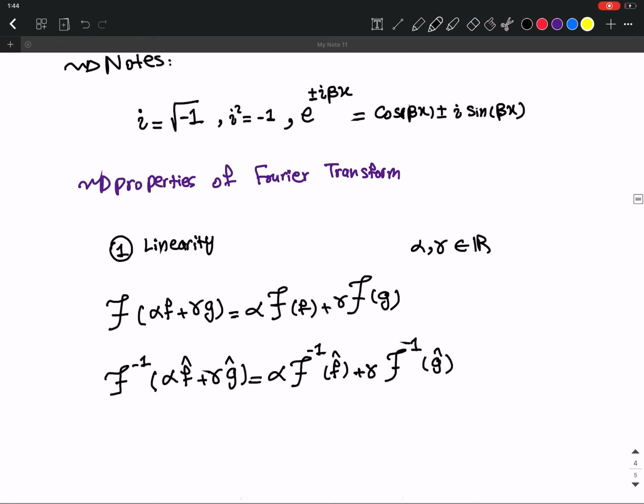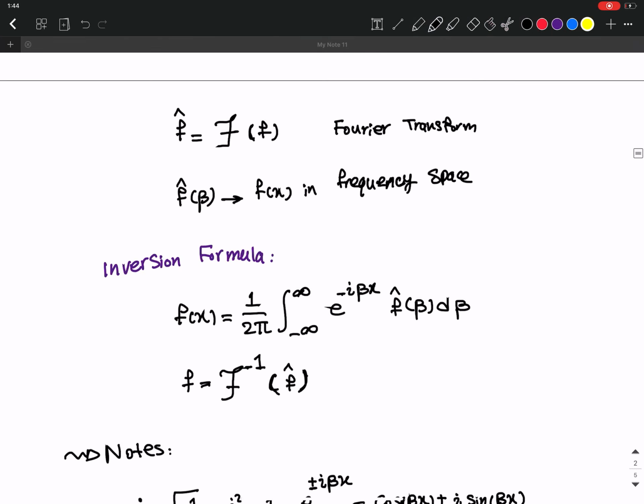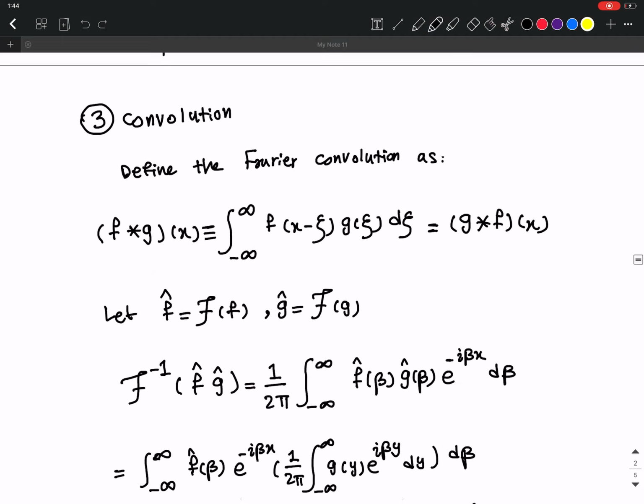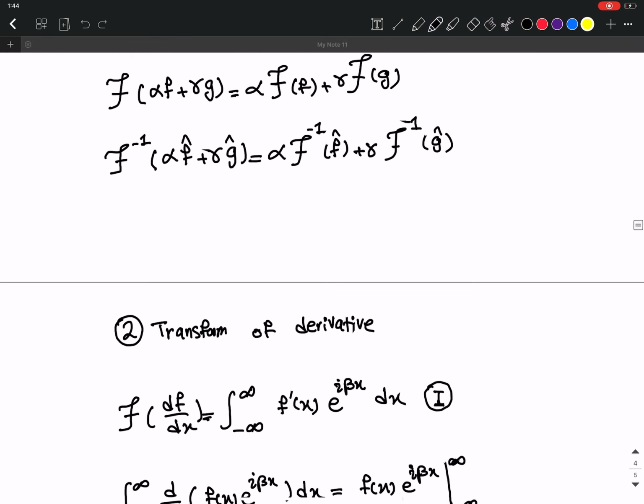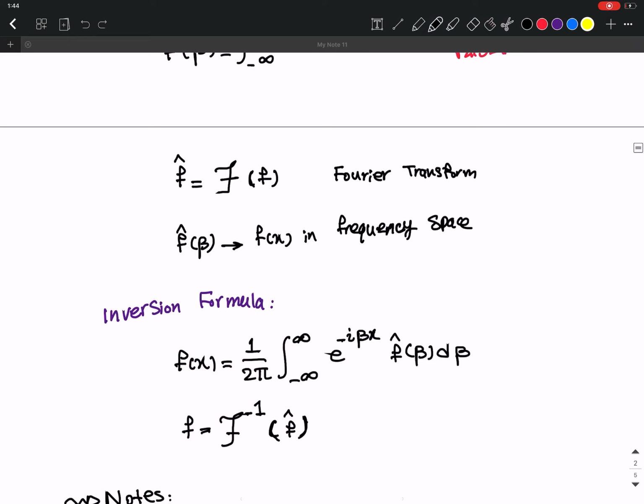So if you look at the formula for the inversion, if you have x here, then you're going to get f(x), right?